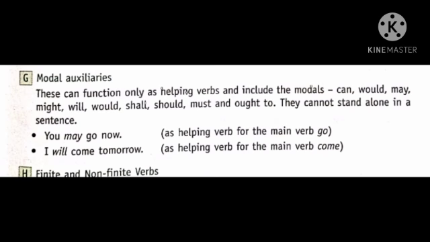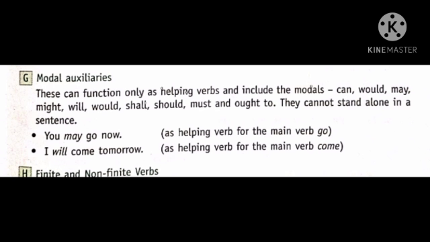Now let's know about modal auxiliaries. Modal auxiliaries can function only as helping verbs and include the modals can, could, may, might, will, would, shall, should, must and ought to. They cannot stand alone in a sentence.